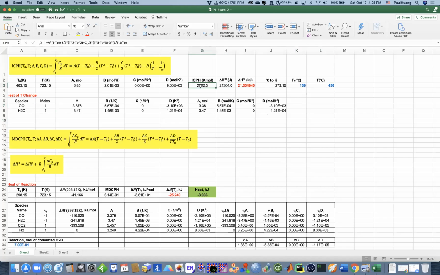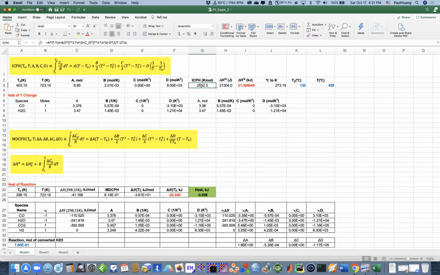A would be the sum of CO and water, very similar for B, C, D. So those would be the A, B, C, D coefficients for the mixture of CO and water for the CP values. And I have T final, T initial.